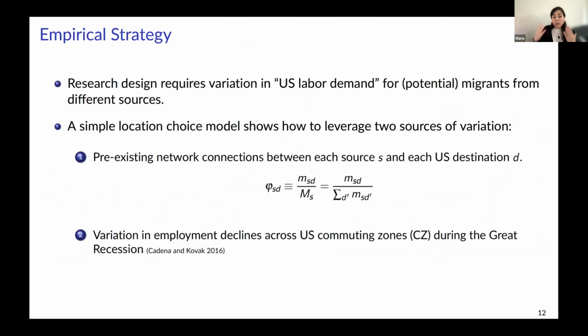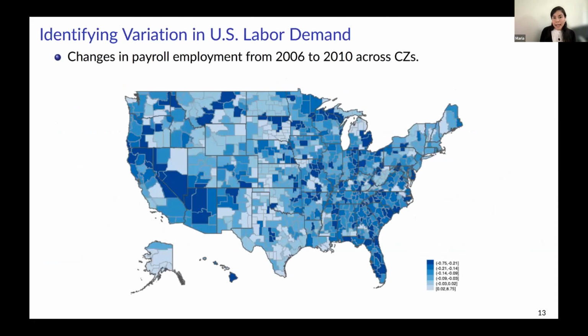The second source of variation that we use in our design is variation in employment declines across US labor markets, defined as commuting zones, during the Great Recession. Here in this map, what we are showing is changes in employment from 2006 to 2010 across commuting zones in the US.